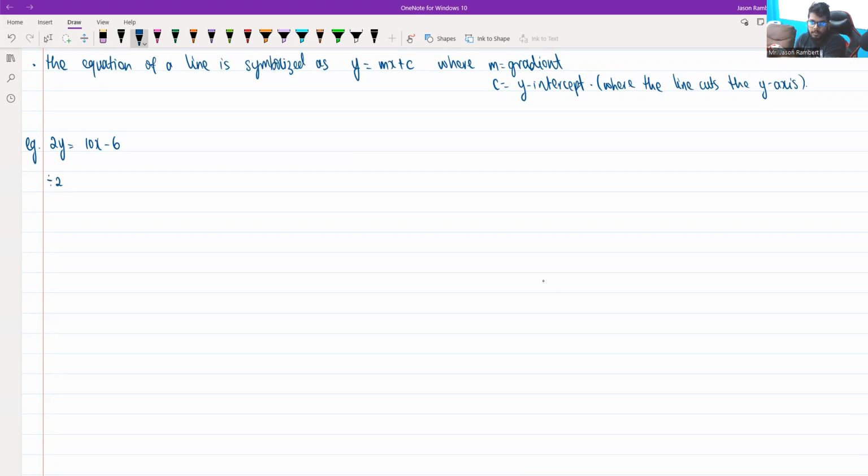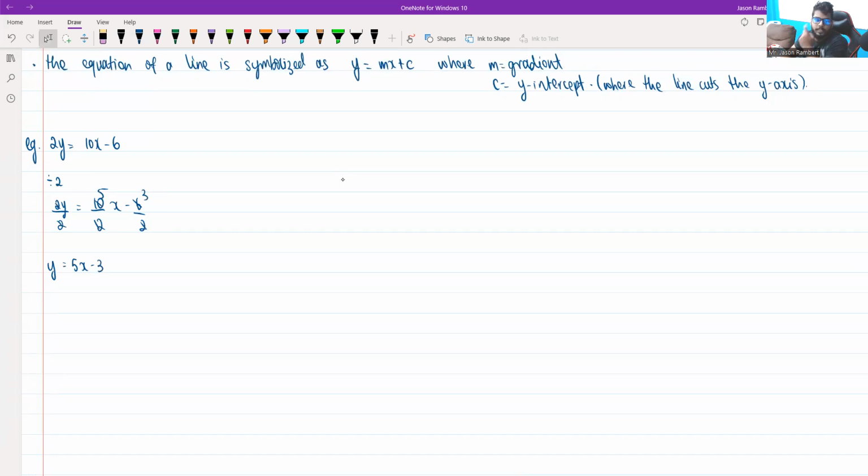We did this in solving equations, correct? If I divide by 2, 2y over 2, and I divide everything by 2, I get y is equal to 5x minus 3.